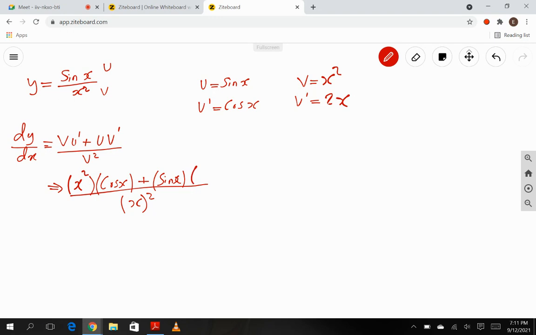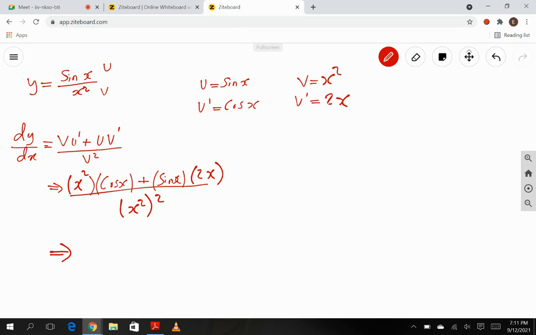Then for the derivative of v, it's 2x, not just x, so pardon me there. Then it means that even the denominator changes, because it's now x squared and then square it. Okay, great. Yeah, now with that correction made, we can proceed.